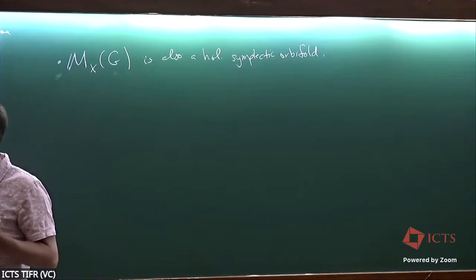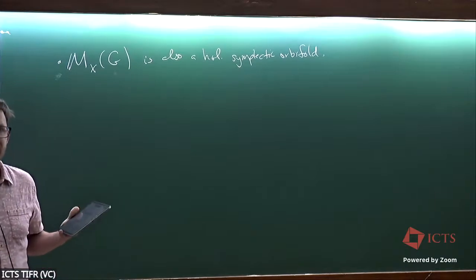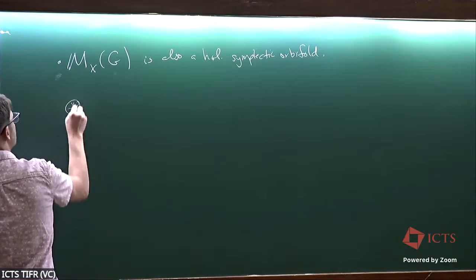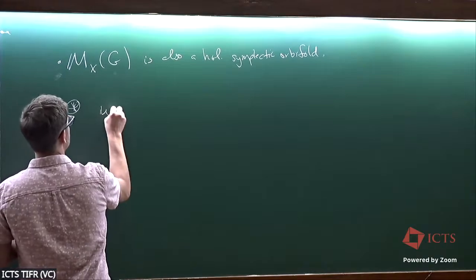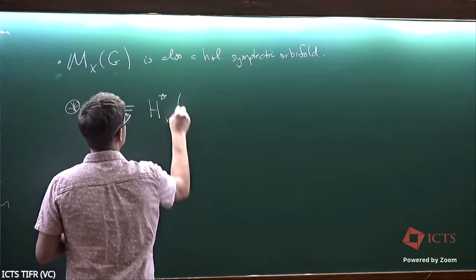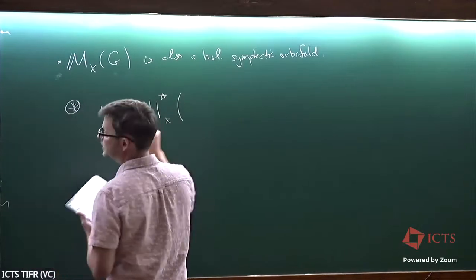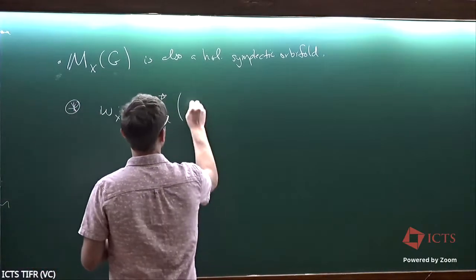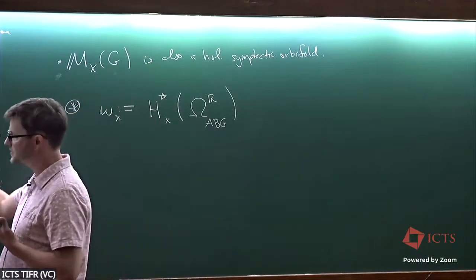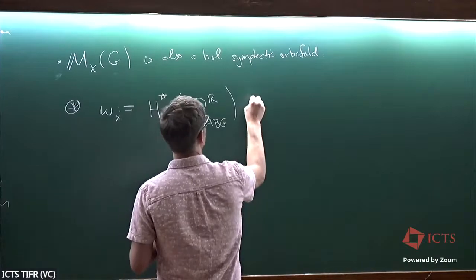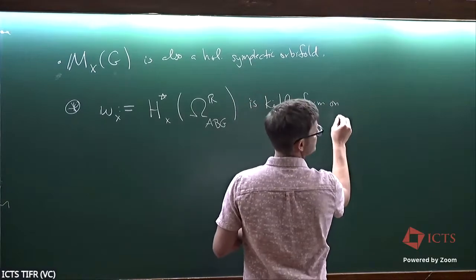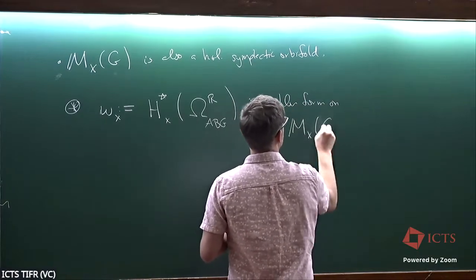And maybe each one of them by themselves, if they didn't know about the other, isn't naturally a Kähler manifold. But one of the amazing features is that if I define ω_X to be the pullback by this identification of the real part of the Atiyah-Bott-Goldman form, the real part of this complex symplectic form here, this is a Kähler form on M_X^G.